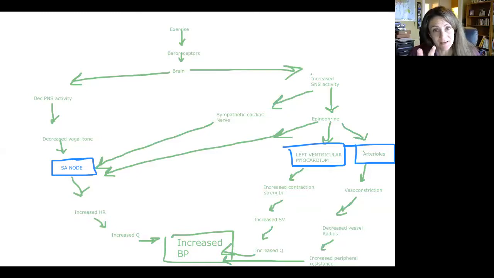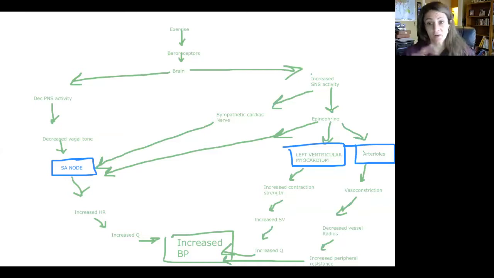If we were taking the test in class, I might ask you to draw this. Since we're taking the test online, it's not likely that I'm going to ask you to draw this, but being able to draw it is going to be very helpful to you, because what if I had an essay question on there that said, describe in detail 3 ways that epinephrine contributes to increases in blood pressure during exercise?